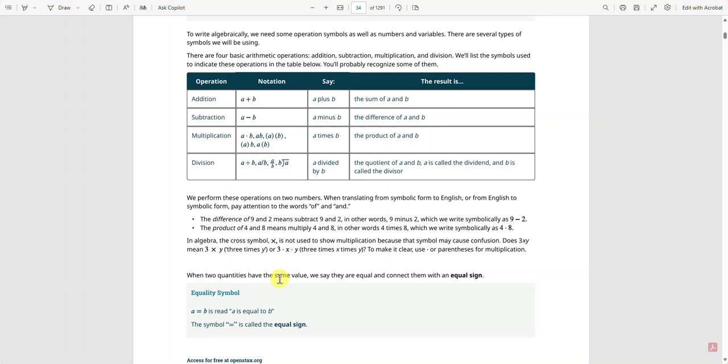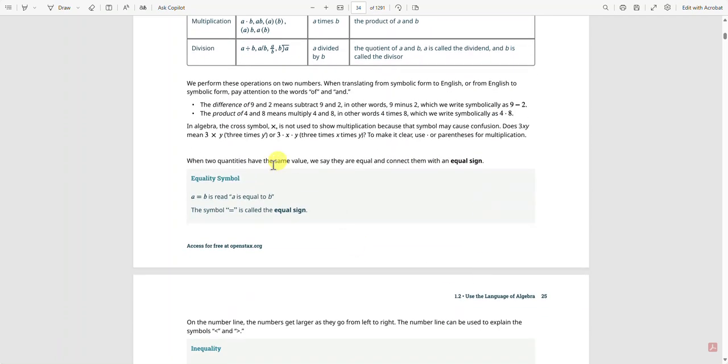When two quantities have the same value, we say they are equal and connect them with an equal sign. So we can see this. It looks just like arithmetic. We can read this as A is equal to B, or A equals B. The symbol is called the equal sign. Now, the reason why this is so important in algebra is because when we have two quantities that are equal, that means one can be used in place of the other at any time.